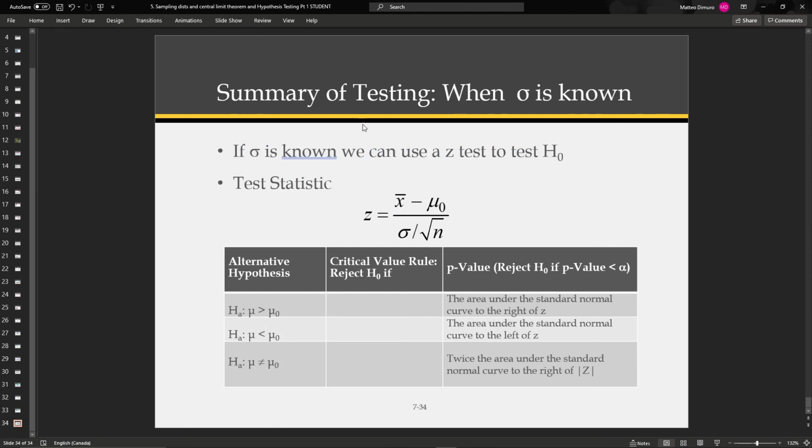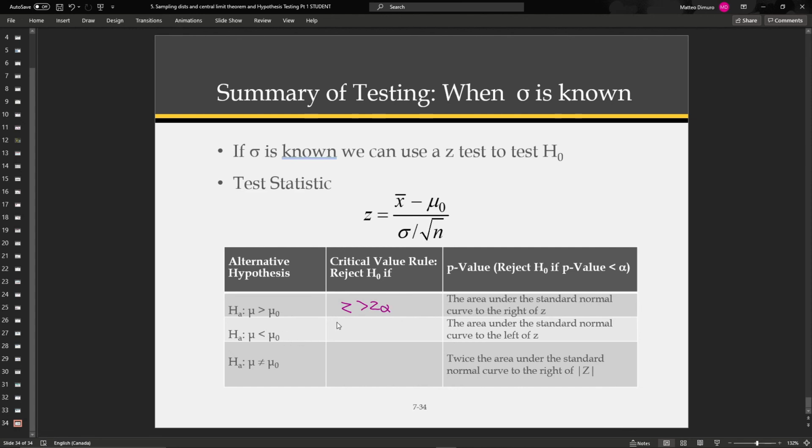So it's just, if sigma is known, so if the standard deviation is known, then we can use this z-score formula to test H0. So it's just the three things we did. If HA is that mu is greater than the value, then we're looking for a critical rejection region of z greater than z alpha.